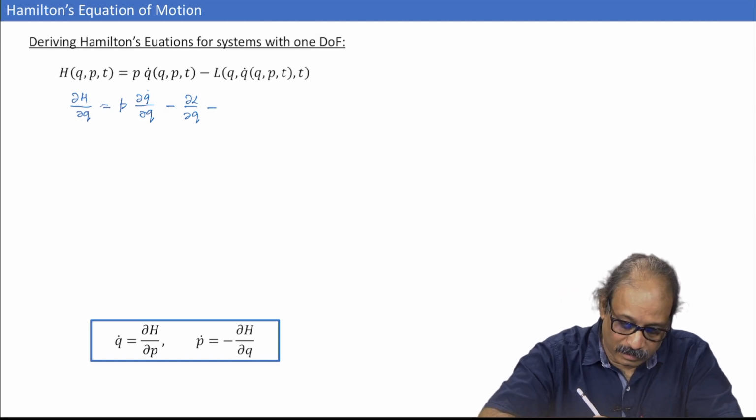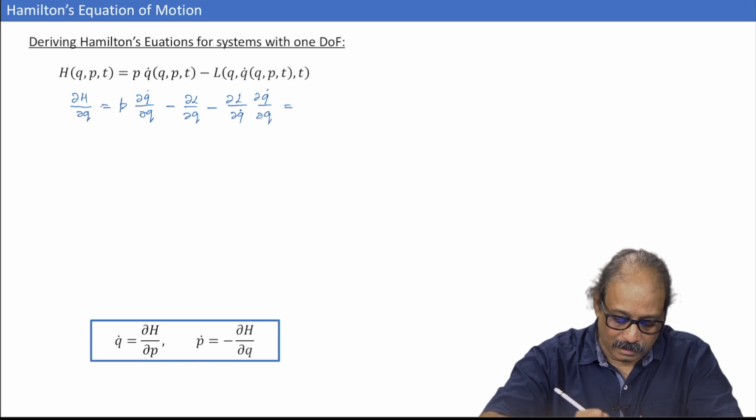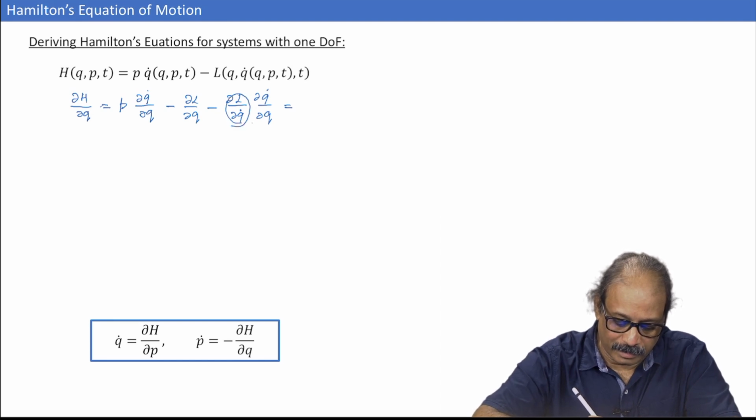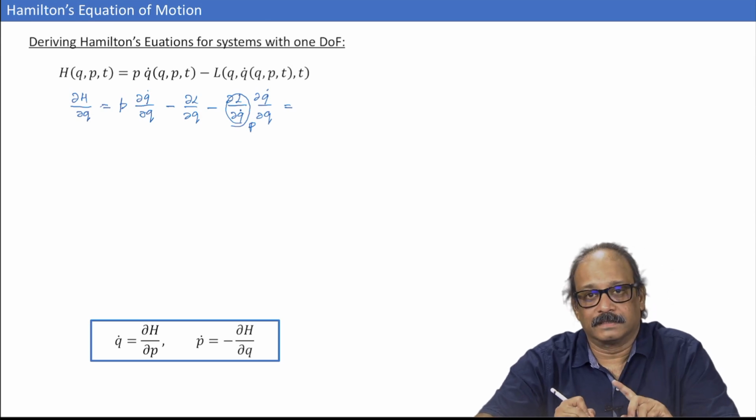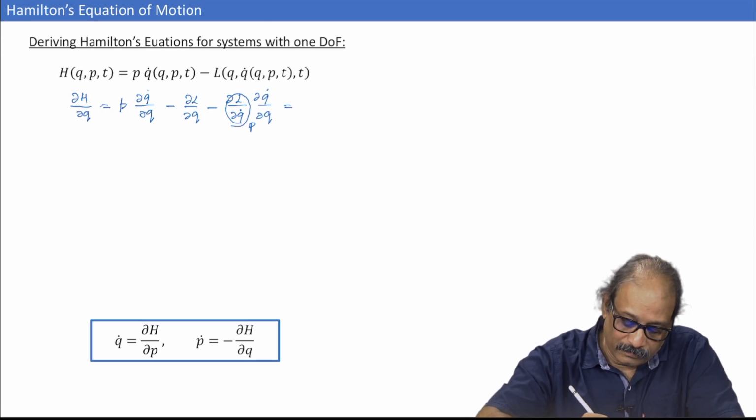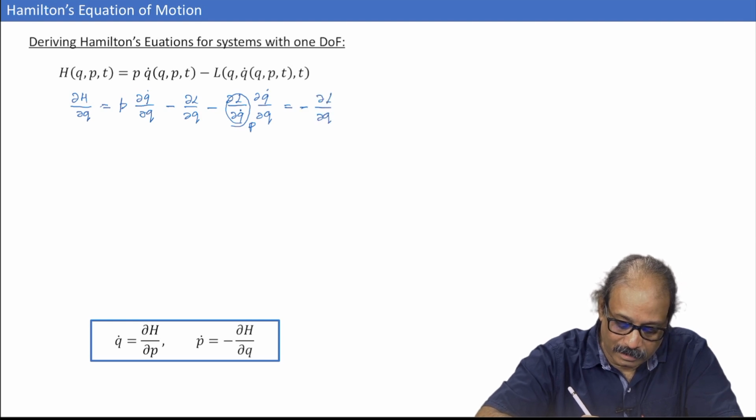So, I will also take a partial derivative of L with respect to q dot and del q dot by del q. Now, notice what is del L by del q dot? Oh, this is nothing but p. If this is p, look at the first term and the third term, they cancel each other, leaving you with just minus del L by del q.